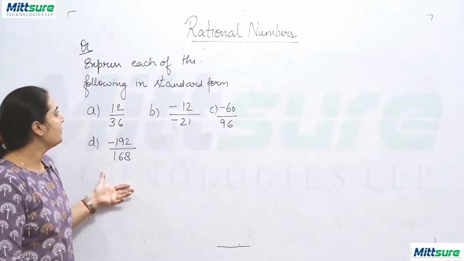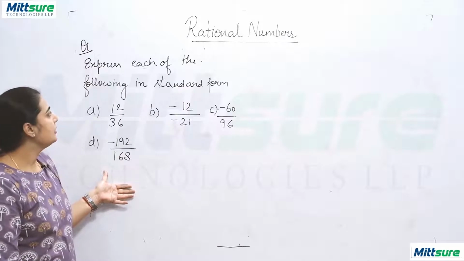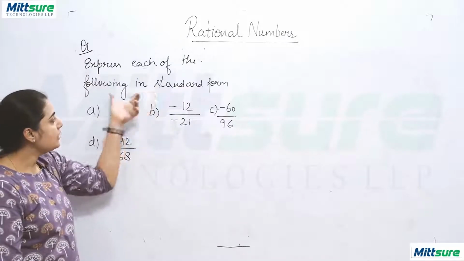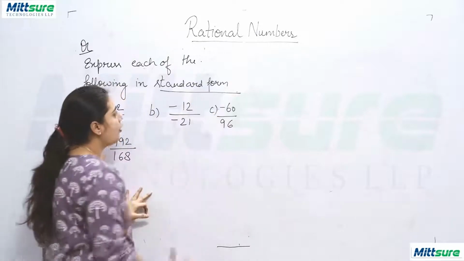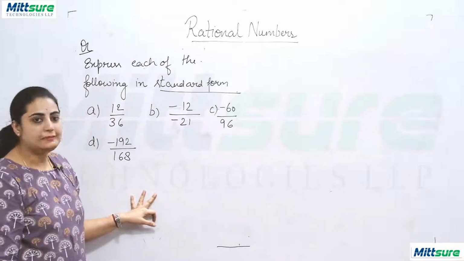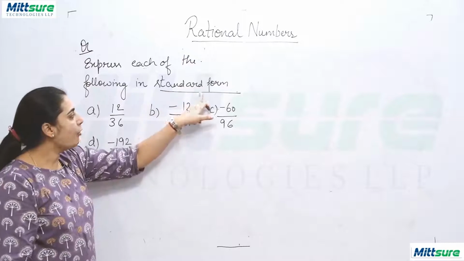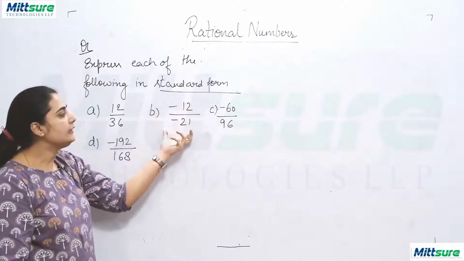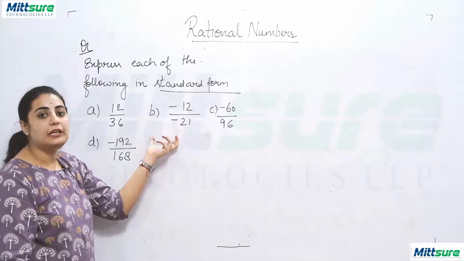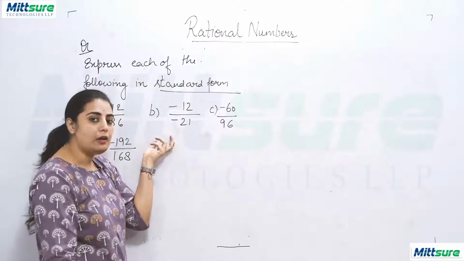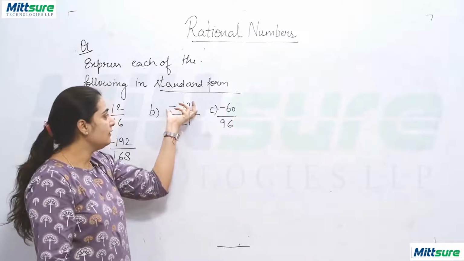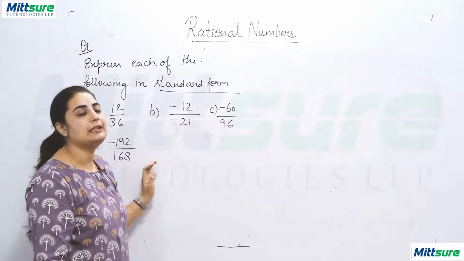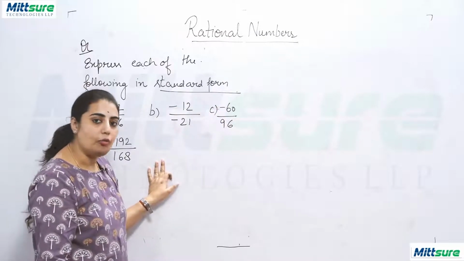The other type of question which is asked on rational numbers is to express each of the following in the standard form. So when we were talking of the standard form, I explained to you that standard form means converting the given rational number into its simplest form, keeping in mind the sign, that is, the negative sign should be in the numerator only.